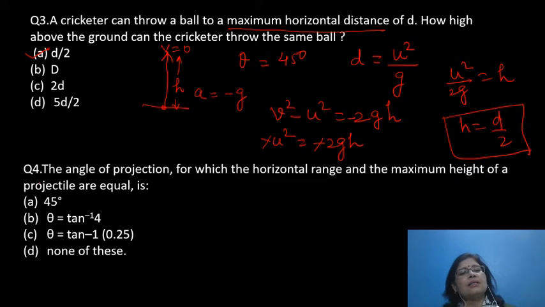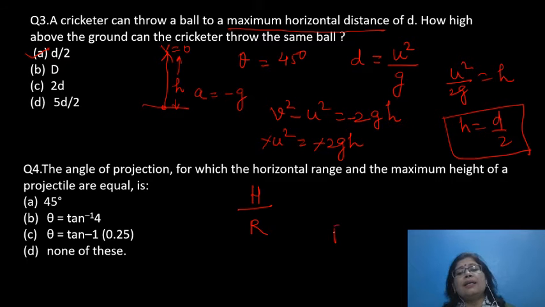Now next question is, the angle of projection for which the horizontal range and maximum height of a projectile are equal. For the angle of projection for which maximum height equals horizontal range, you have to take the ratio of h upon r.